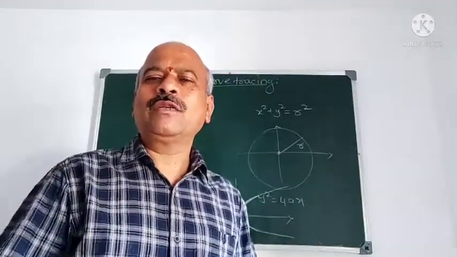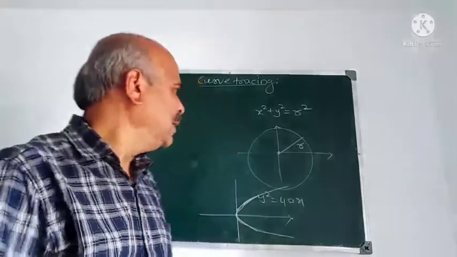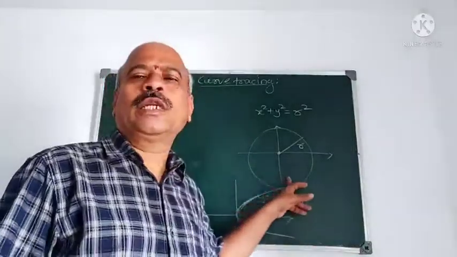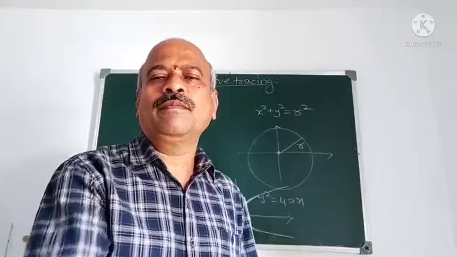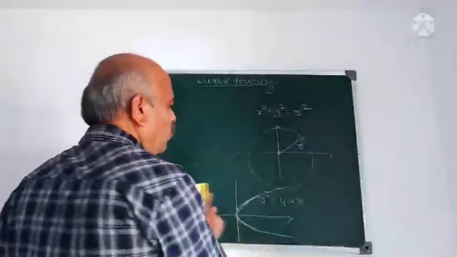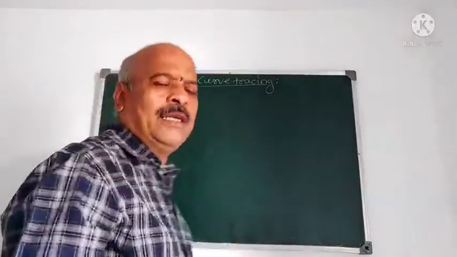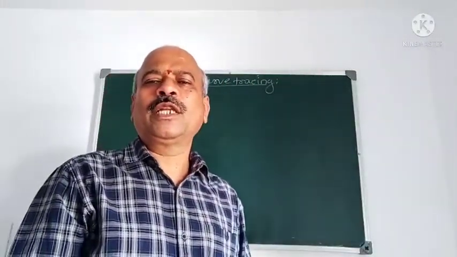Some more standard curves are there, but we cannot draw easily. They are not so familiar as these curves: circle, parabola, or ellipse. For that we require procedure. Procedure means for Cartesian equation there is one procedure. For parametric and polar equation, separate procedure is there to trace the curve.